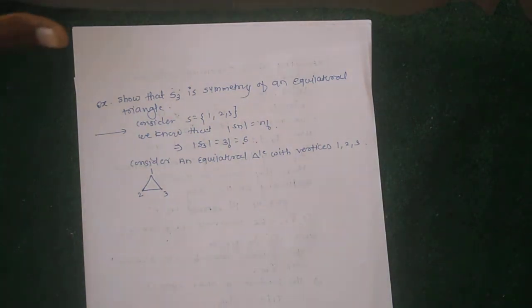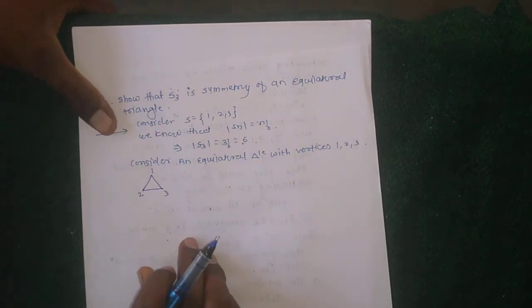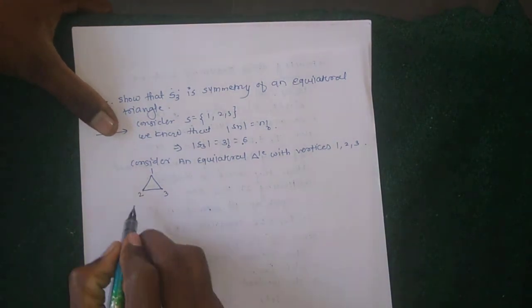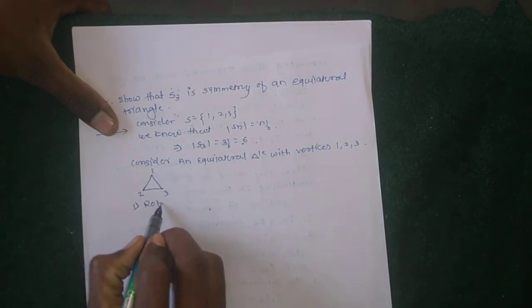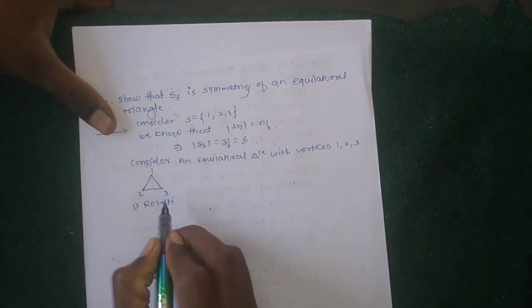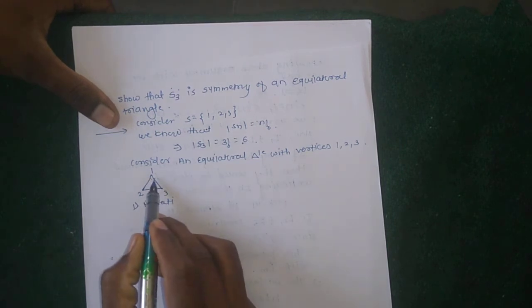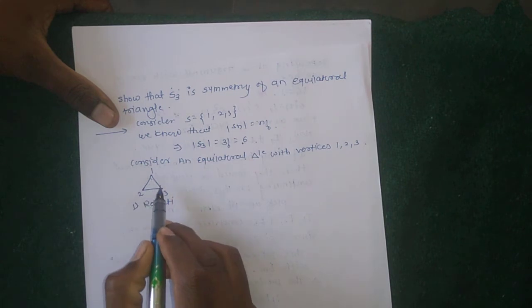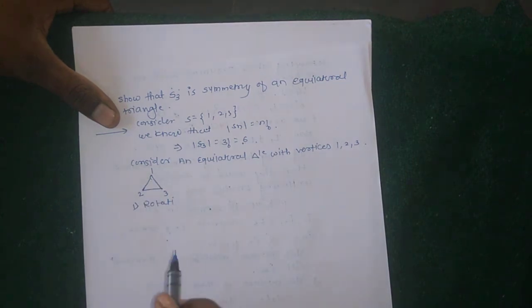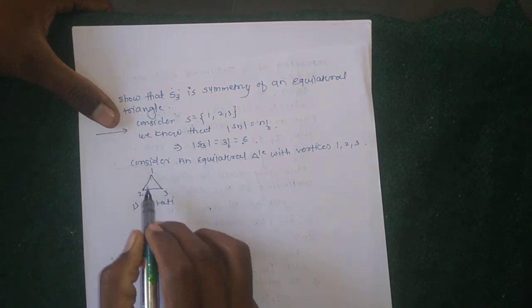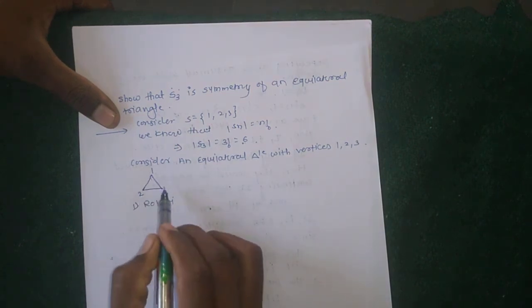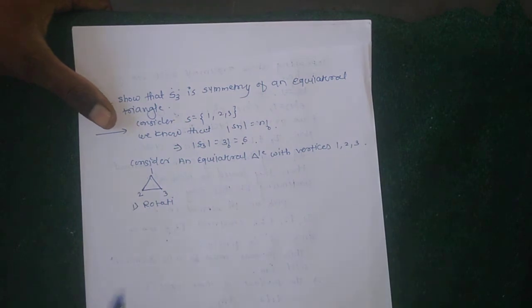So we rotate it through 0 degree, then its value must be as itself. The rotations of this triangle are 0 degree, 60 degree, and so on, because each angle is 60 degree. Then rotating and reflecting this side, we get 6 permutations.